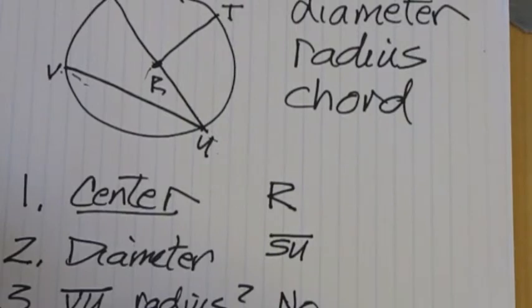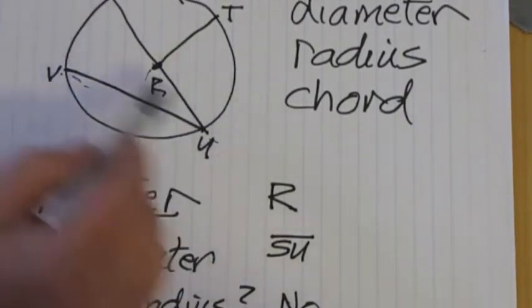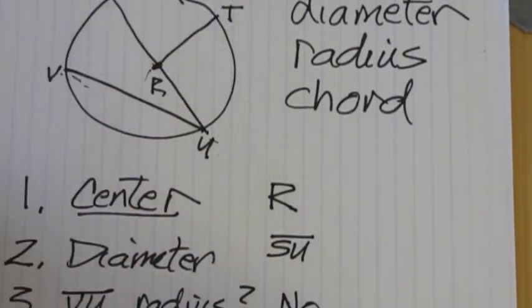Well, SU is a diameter, so RT is a radius, therefore RT is half of SU, so it's 1/2 of 16.2, which is 8.1 centimeters. And we should know that from our volume and surface area chapter. Okay, pause for a sec and think about what you have just seen.